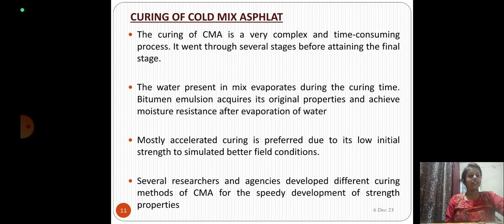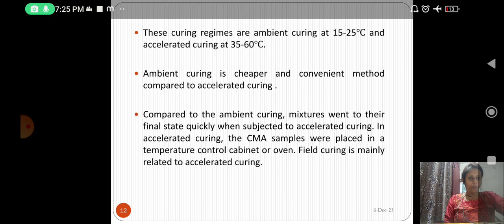Mostly accelerated curing is preferred. Accelerated curing means curing at higher temperature. However, it is not always feasible to use accelerated curing, so ambient temperature is also feasible, but the curing time we need to increase before allowing the traffic. Several researchers and agencies developed several curing methods of CMA for the speedy development of strength and properties.